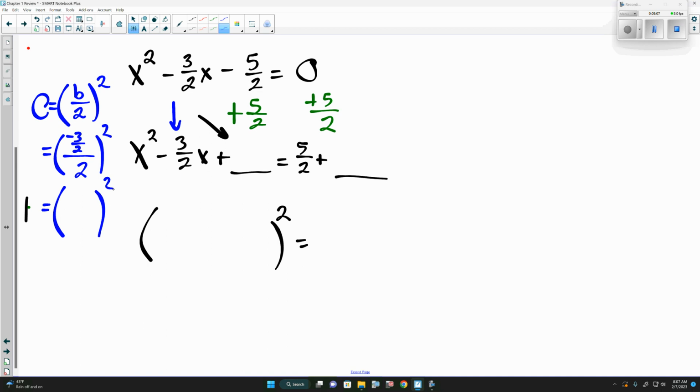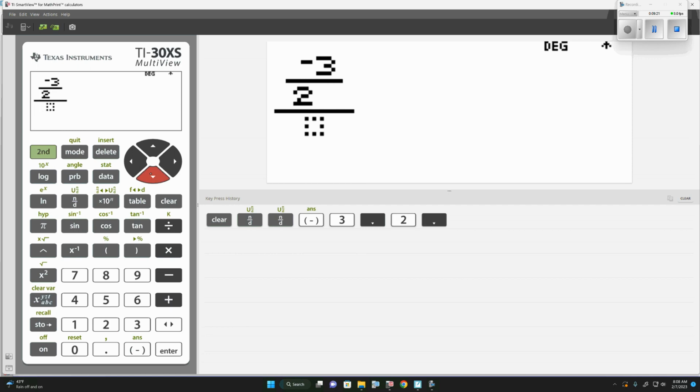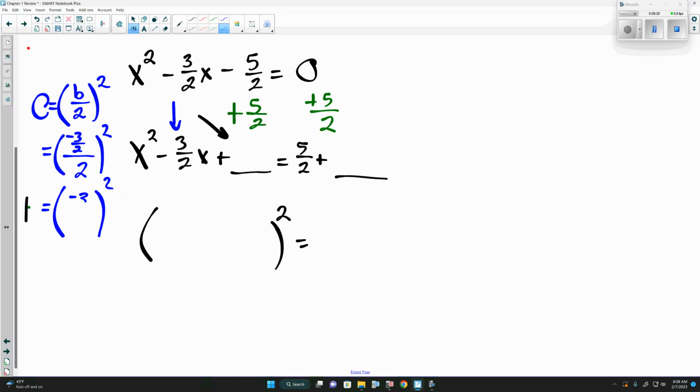Now, the first thing we can do is the -3/2 divided by 2. And we can plug that in a calculator. We can say fraction on the top, -3/2 over 2 is -3/4. And then we can also square it, and if we square it, -3 squared is 9, 4 squared is 16.